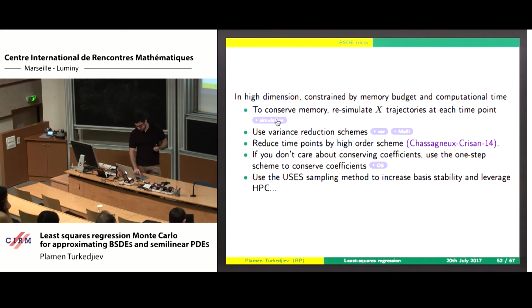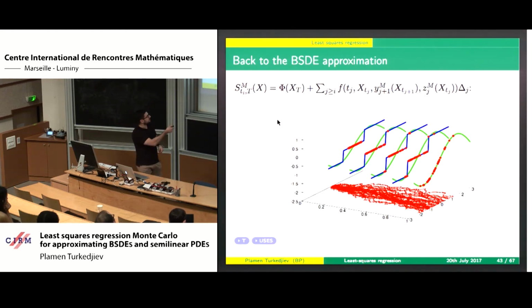So the first trick we can do is re-simulate the trajectories for X for every single computation that we make. If I go back to this picture, what I see is that as I simulate forwards, I already have all of these solutions to Y and Z. I want to form this sum.